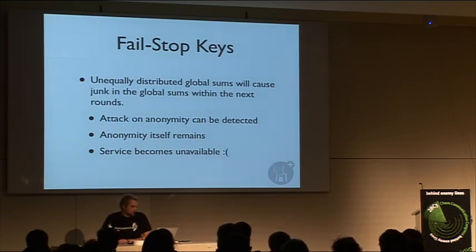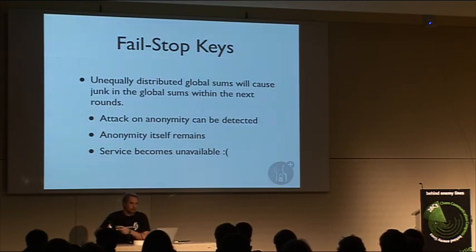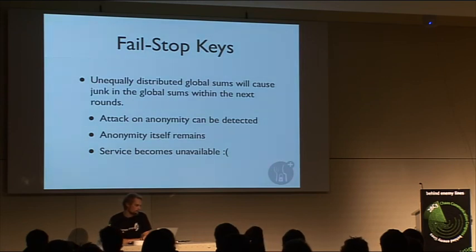The anonymity itself remains. The bad side is that the service becomes unavailable, because once there is junk in the global sum, it will propagate into the following sums. So if you design such a protocol, you also need to think about how to resync or how to get the service restarted.